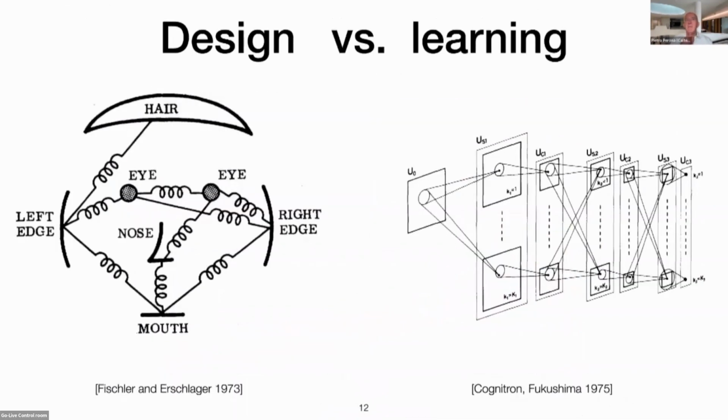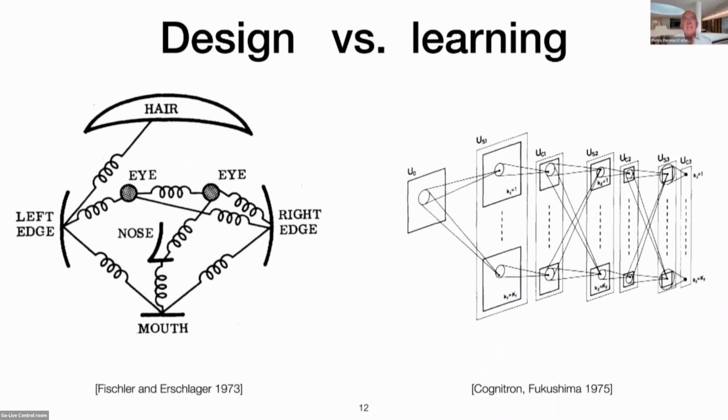And this is where people were about 50 years ago. On the left you see the picture from a paper by Fischler and Elschlager, and their point of view on how you should detect faces is that you should define different parts, the eyes, the nose, the mouth, etc., and impose that they come at a certain mutual position.